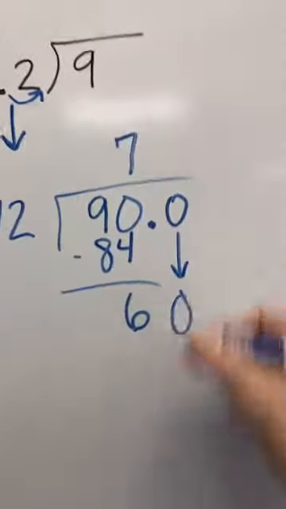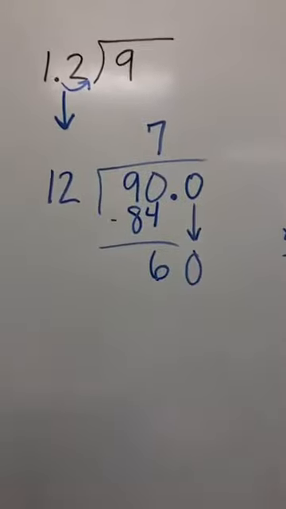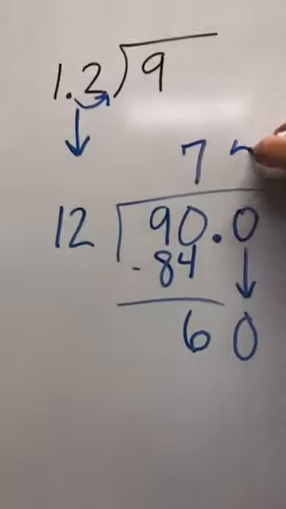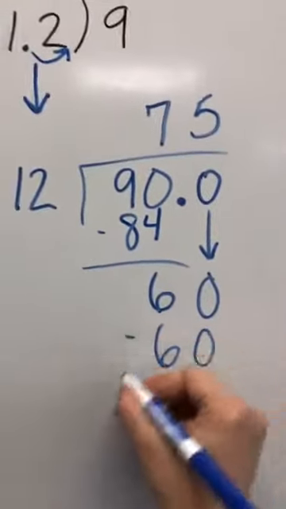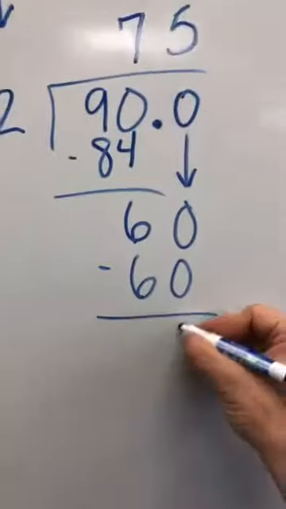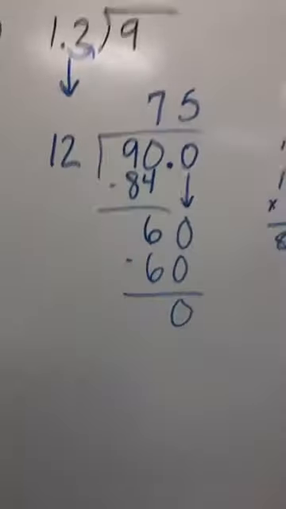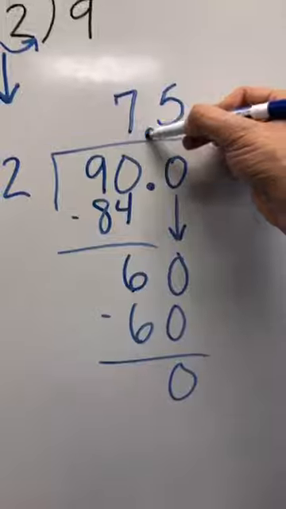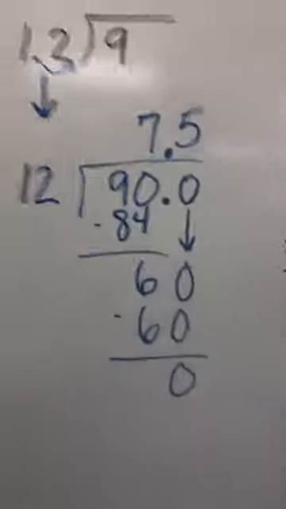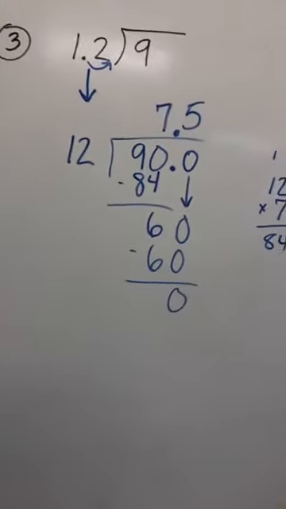Let's bring down our 0. 12 goes into 60 5 times. 5 times 12 is 60, and 60 minus 60 is 0. Again, final step, make sure you remember to bring your decimal point directly up, because if you put it in the wrong place, you do get a wrong answer.